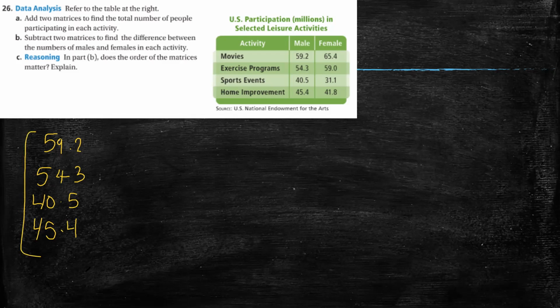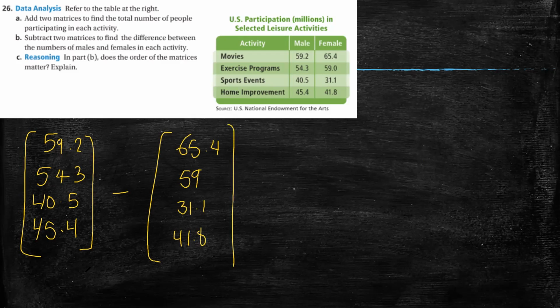This is the first matrix, which is for the male. And there's a second matrix here for the female. Now, add the two matrices to find the total number of people participating in each activity. So let's add them now.